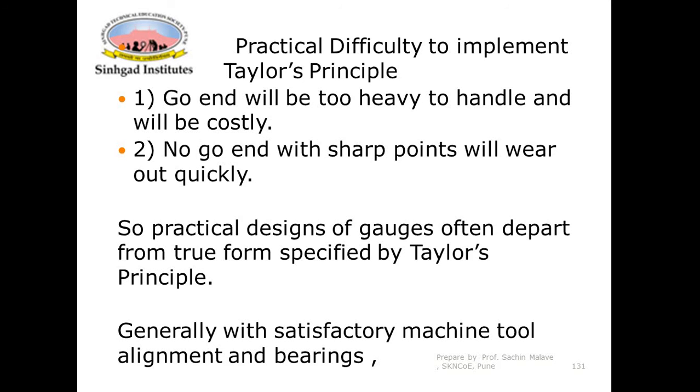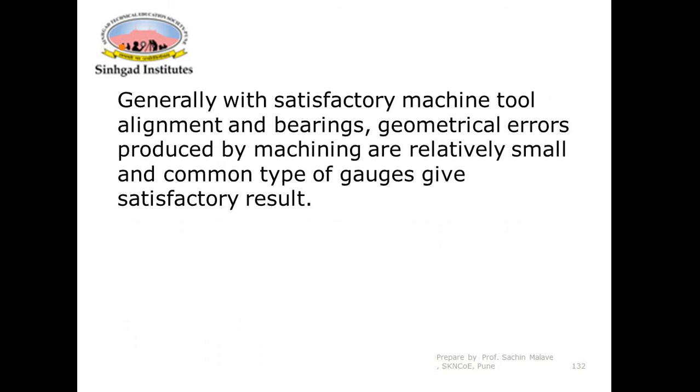Generally, with satisfactory machine tool alignment and bearings, that is, if your machine tool, a lathe, milling machine or drilling machine, has satisfactory alignments and good bearings, then geometrical errors produced by machining are relatively very small and common types of gauges give satisfactory results. Means what?